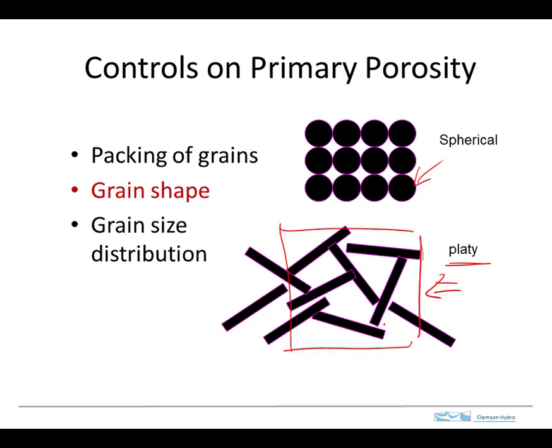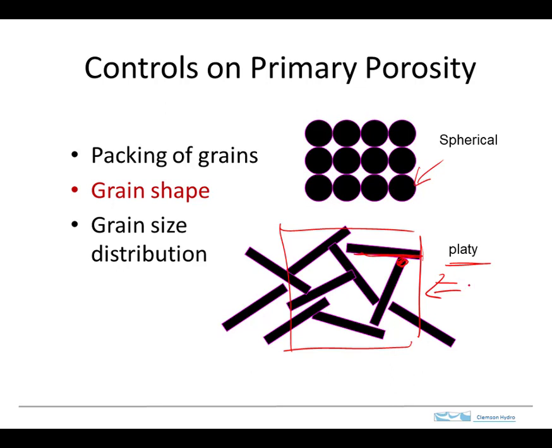So this would be a very high porosity. In fact, clays often are packed like this, where the edge of one clay is attracted to the surface of another one. So they often have arrangements like this, which cause them to have a very loose packing and very high porosities.